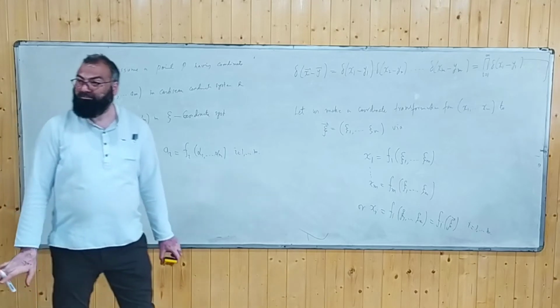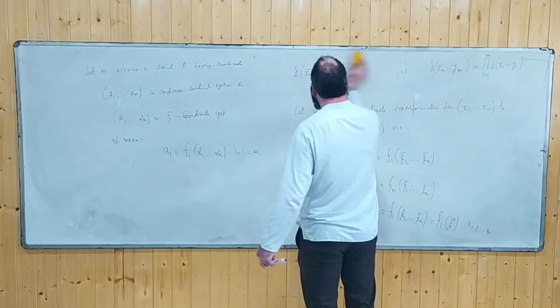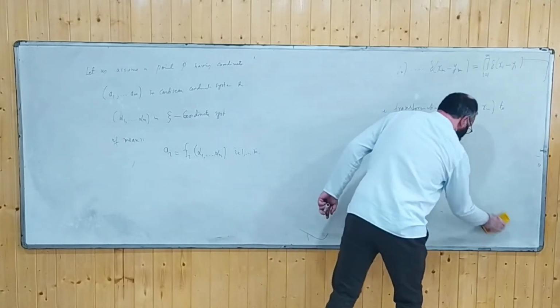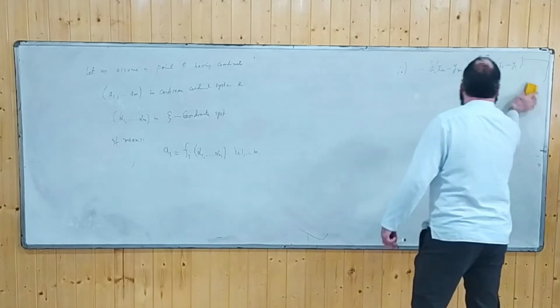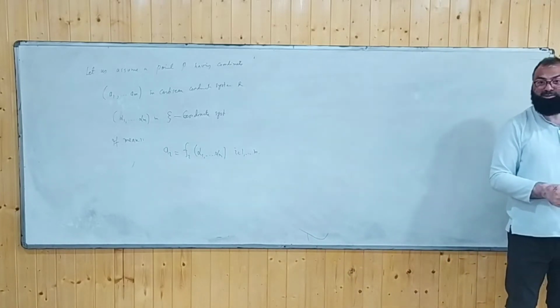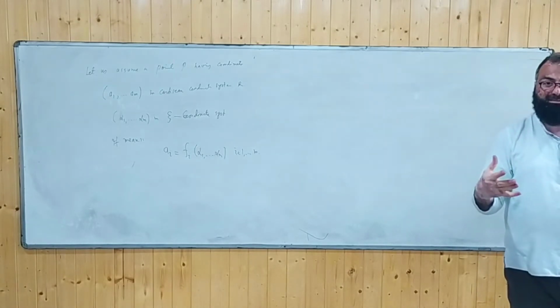Clear? Now let's move to the delta function. So we have now specified the points. Now we need to do the delta function business. When you move from one coordinate system to another, the differential form of the differential equation will be the same.